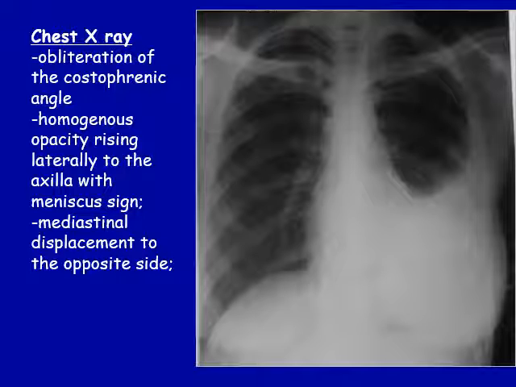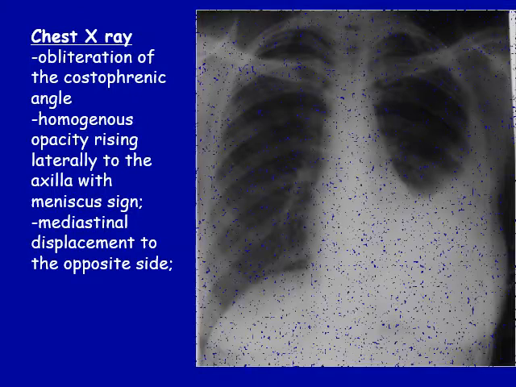Why? Because there is accumulation of fluid, and as the fluid accumulates, it appears as a homogeneous opacity with the upper border rising laterally to the axilla. This is called the meniscus sign. And when the effusion becomes more massive, it can cause mediastinal displacement to the opposite side.